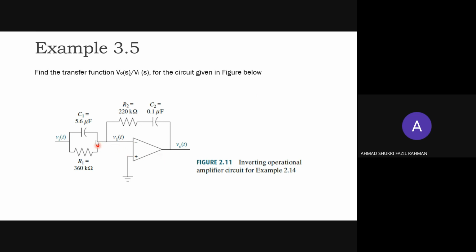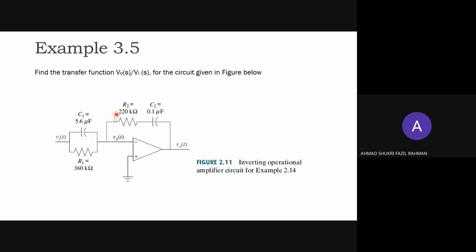Okay, so you can see from here, we try to identify which configuration this circuit belongs to. The input is connected to the negative side.